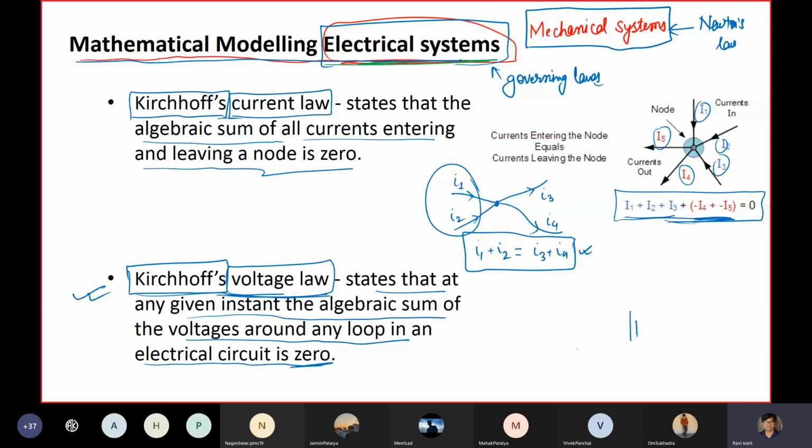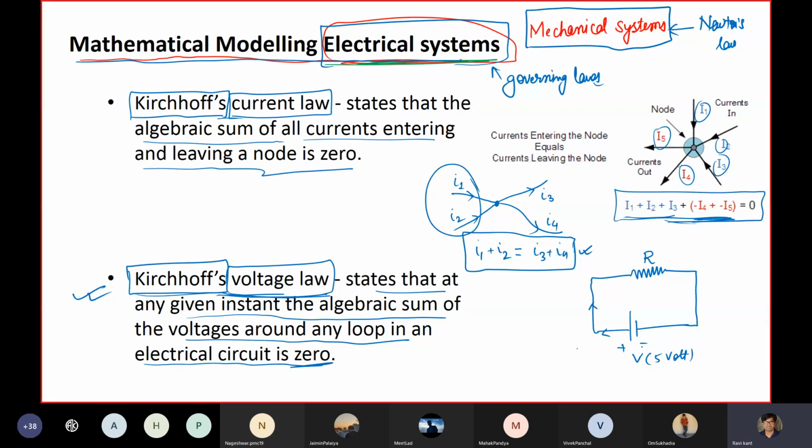Let's suppose I have a 5-volt battery connected to a resistance R. The current will start flowing from higher voltage to lower voltage, so the current I will flow in this circuit in this way.